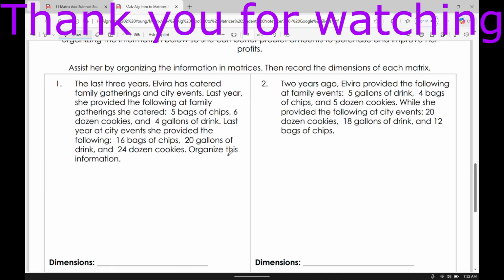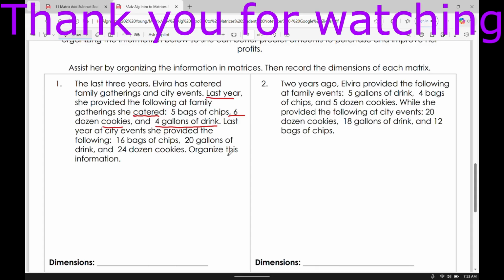For number 1, please read along with me. They say Elvira has catering for family gatherings and city events. She catered 5 bags of chips, 6 dozen cookies, 4 gallons of drink. This is last year.